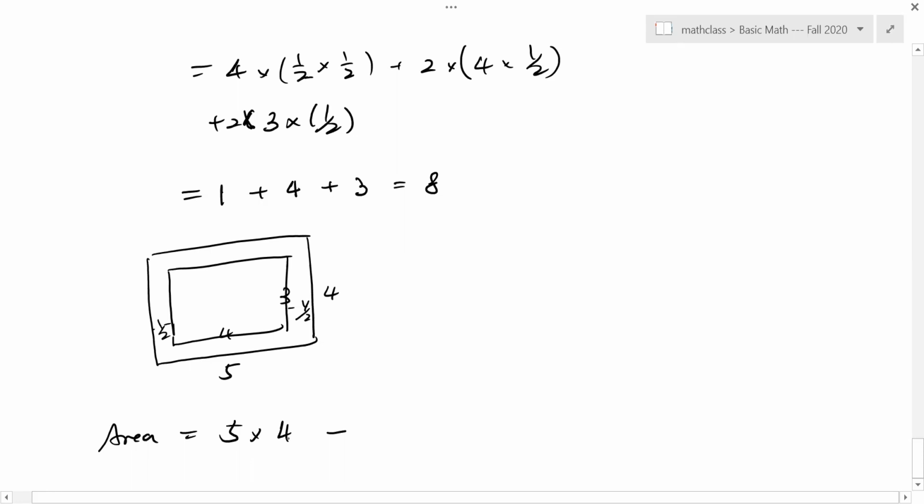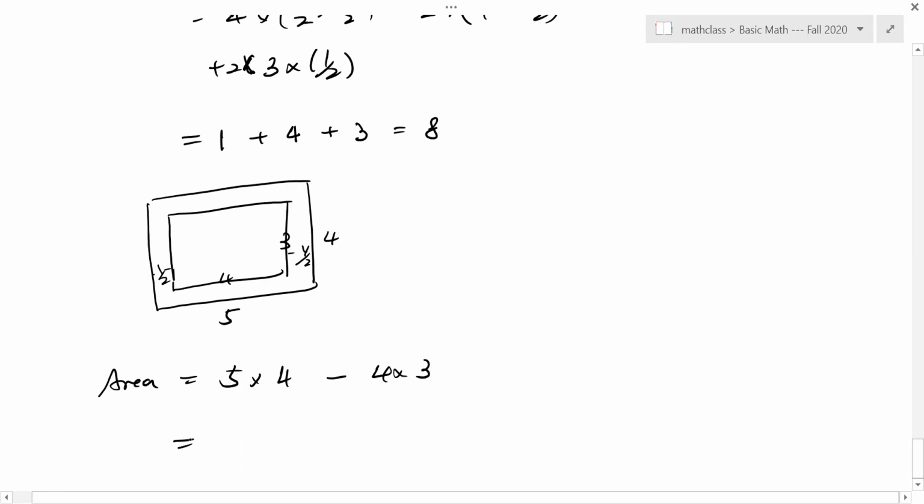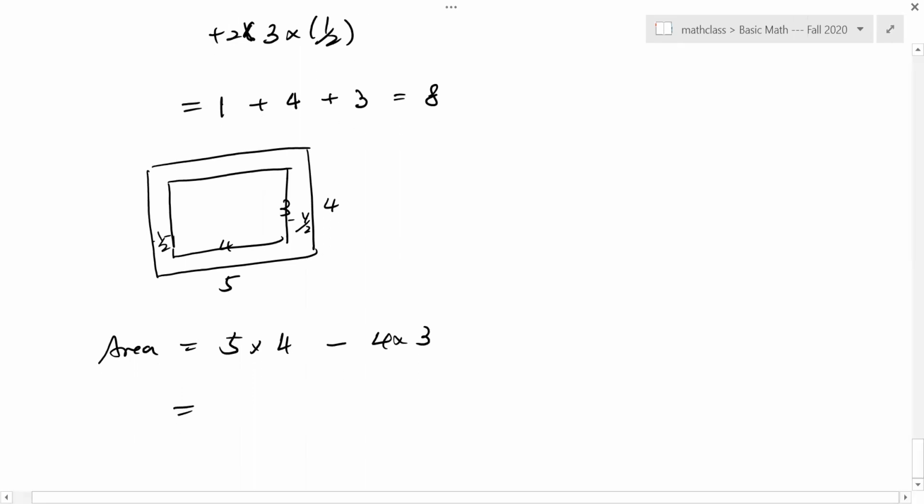It's the area of the large rectangle minus the area of the small rectangle. Okay. So the difference is the area of the sidewalk around it. So that is going to be 20 minus 12, which is still 8.